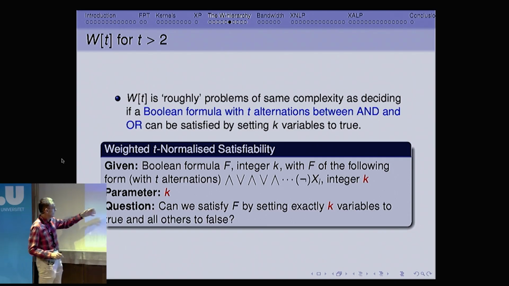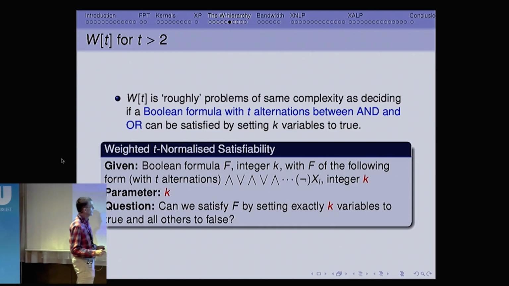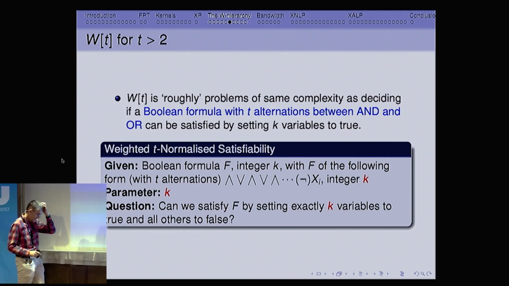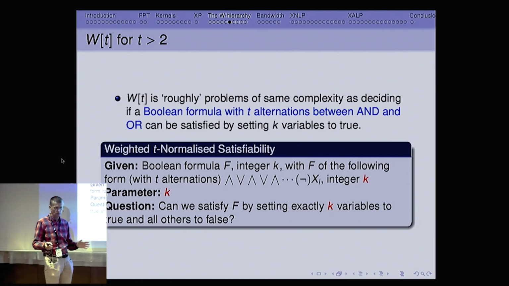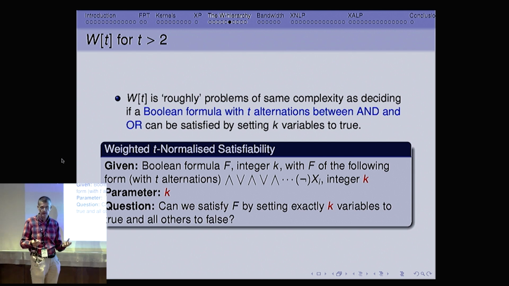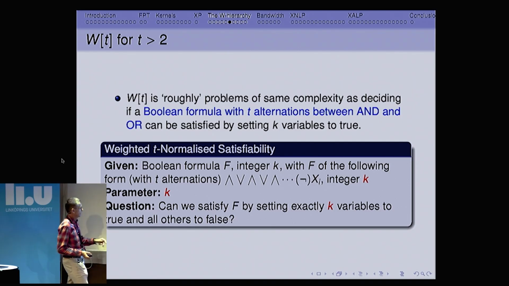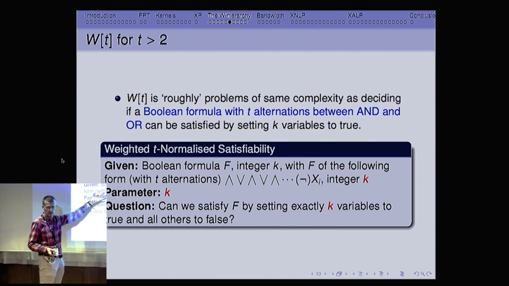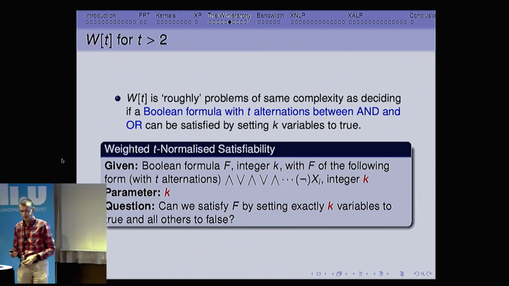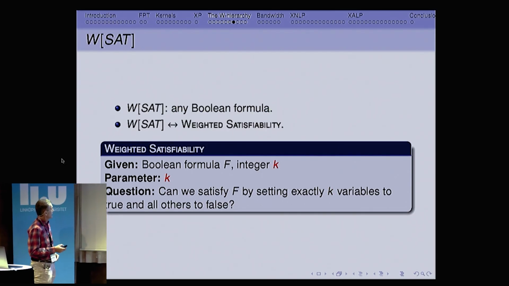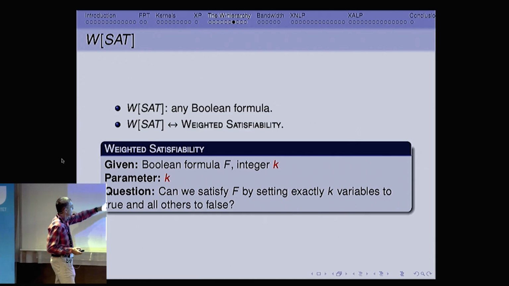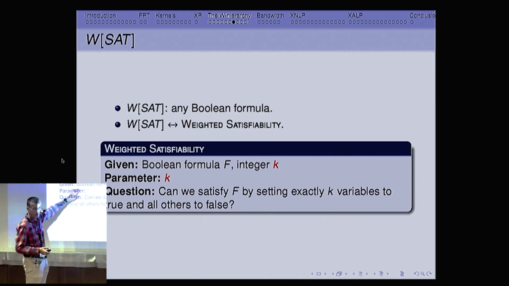That's the idea. And then the question is, can I satisfy this formula by setting exactly k variables to true? I think there are a handful of problems known to be complete for W3. In the literature there are 1 or 2 problems known to be W4, and all the others are really formulated like a sentence of this form, but there are no natural examples after a while.